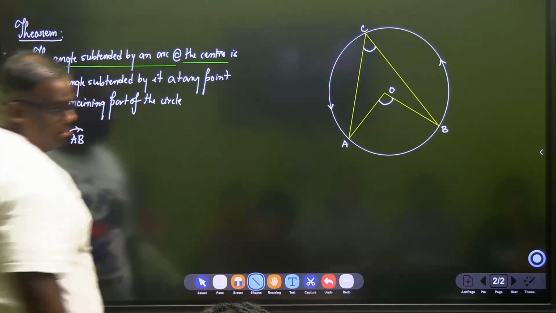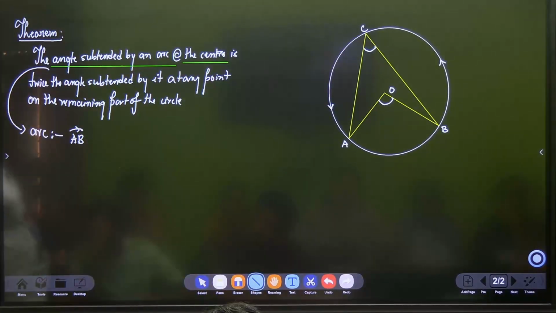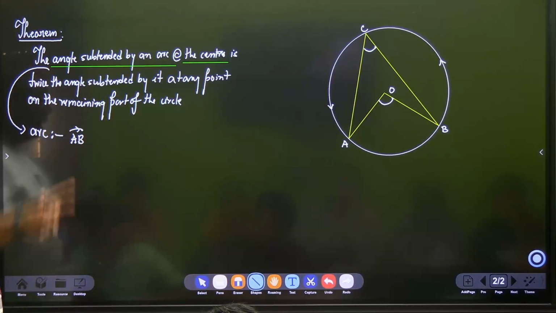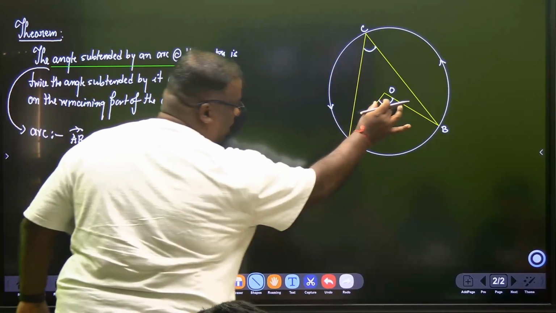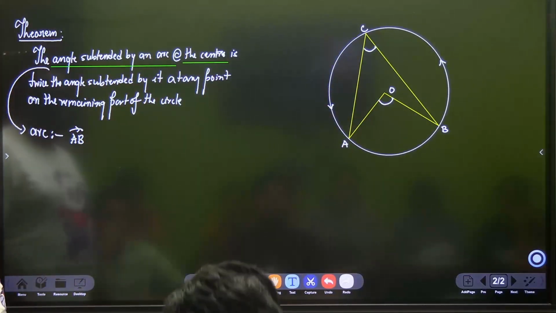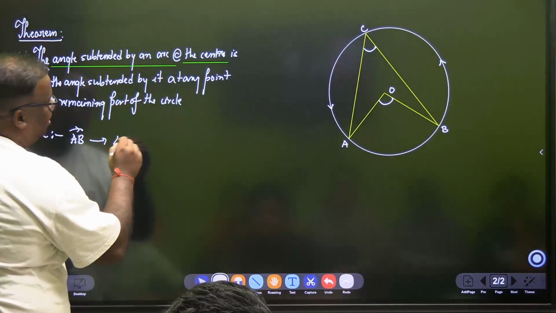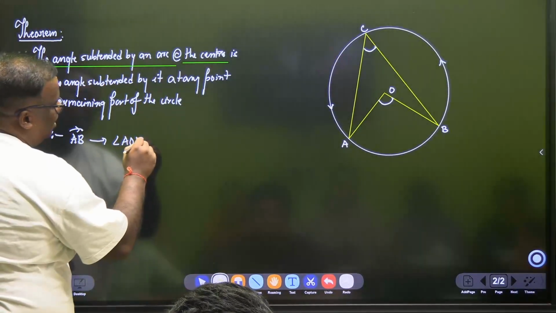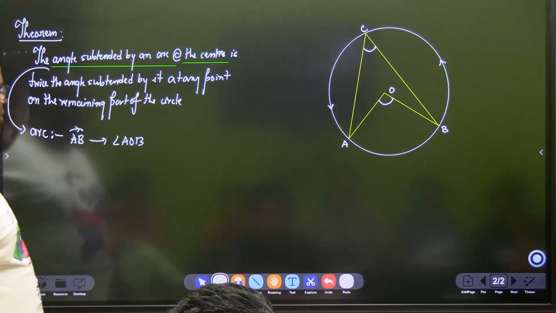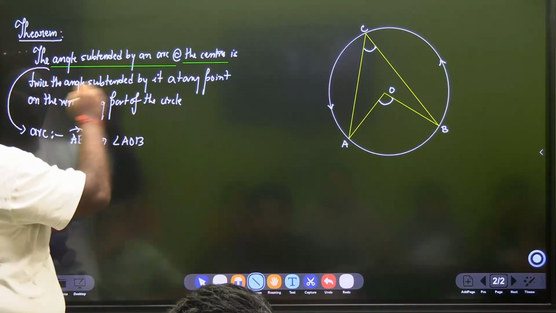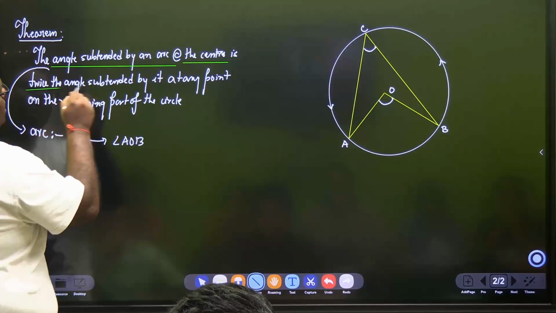At the center. That means this particular angle, angle AOB. This angle subtended by the arc at the center is twice the angle.